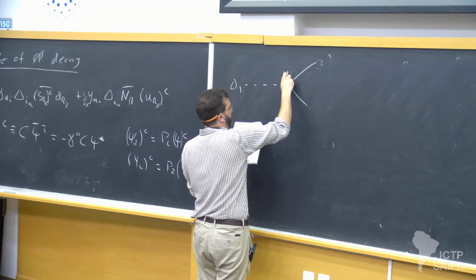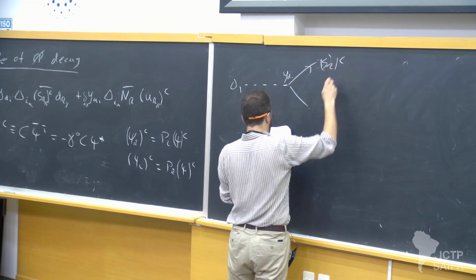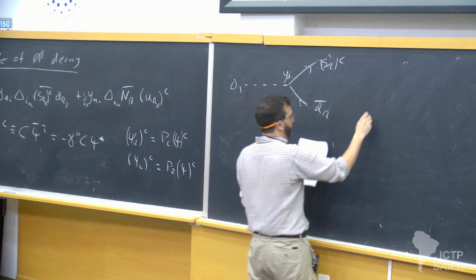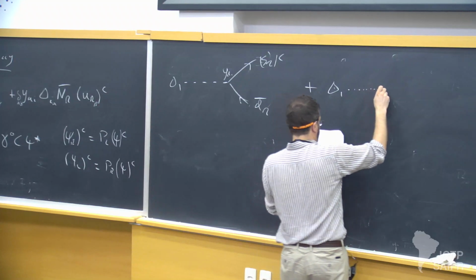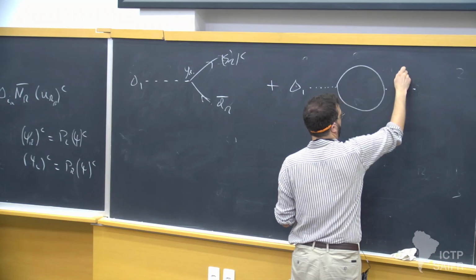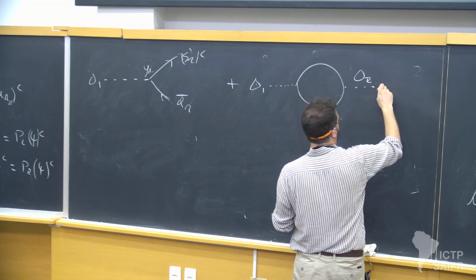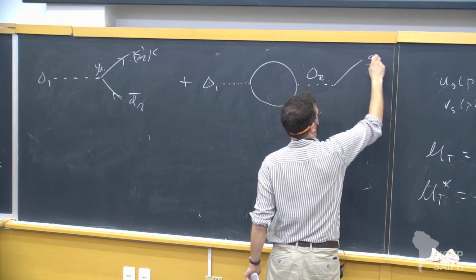Okay, we had the y_d1, s_R c, d_R bar, and then we're going to have a loop level diagram like this, and we're going to put a delta 2 here, and this will give us here the same final state.